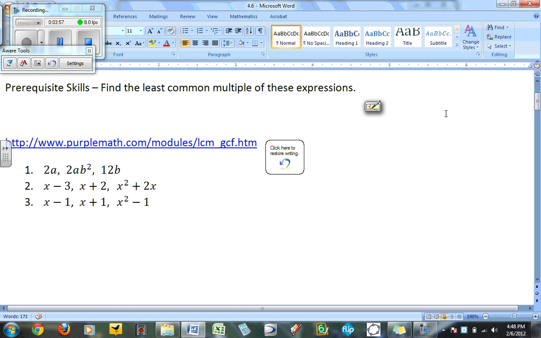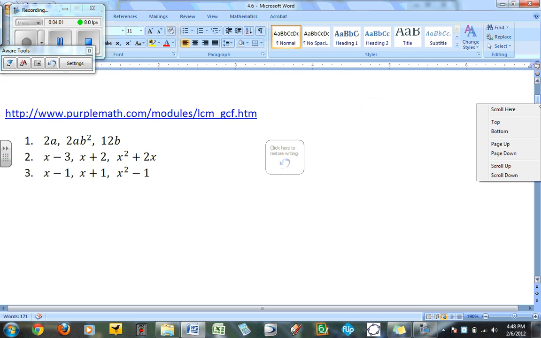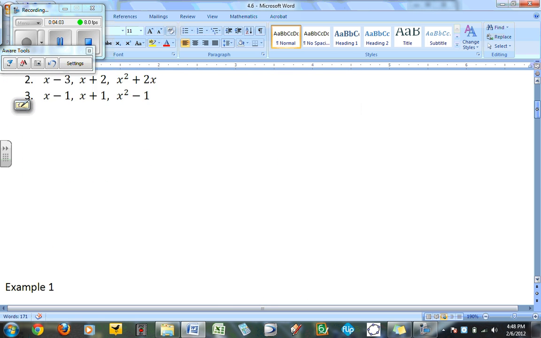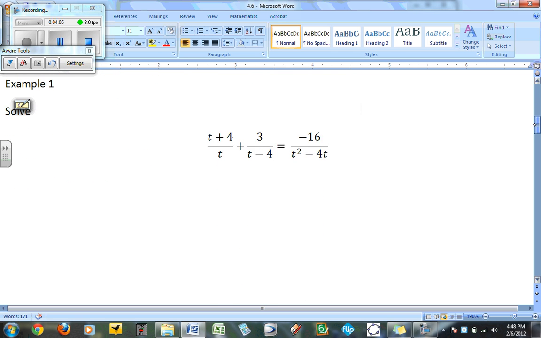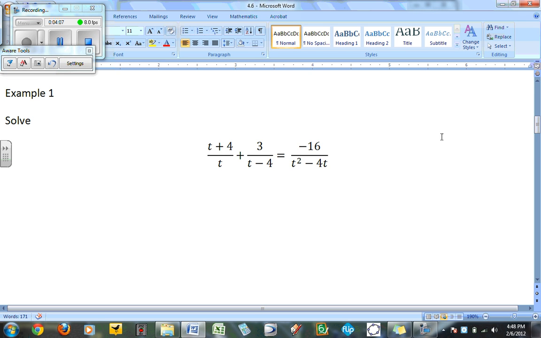The reason we're doing this is that when we're solving rational equations, we are going to have to get common denominators in order to solve. All right, so here we go. Example 1. Solve this rational equation: t plus 4 over t plus 3 over t minus 4 equals negative 16 all over t squared minus 4t.